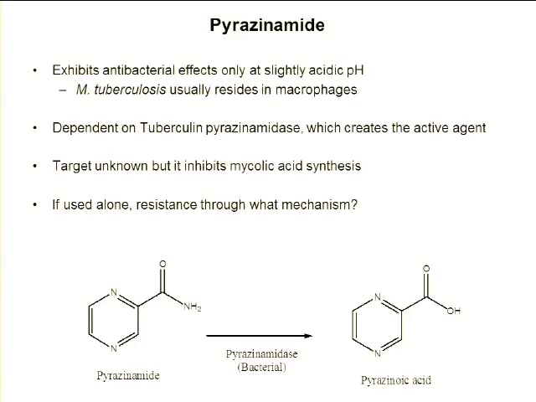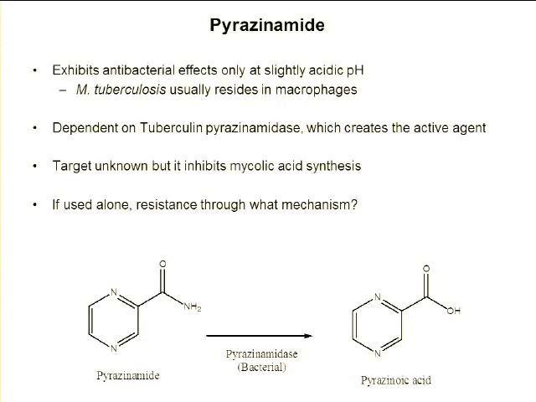Okay, so the enzyme is named after this drug, but it does something else for the bacteria. This is a bacterial enzyme, so the target selectivity is going to be fairly good because the conversion of pyrazinamide to the active acid is dependent on this bacterial enzyme. Okay?